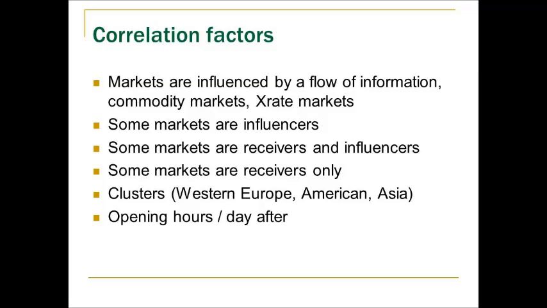That means that the US and Canada move together. And there would be an Asian cluster also that it would be easy to identify. Some clusters have more influence than others, and it looks like the American cluster has a lot of influence on Western Europe and also on Asia on the next day.